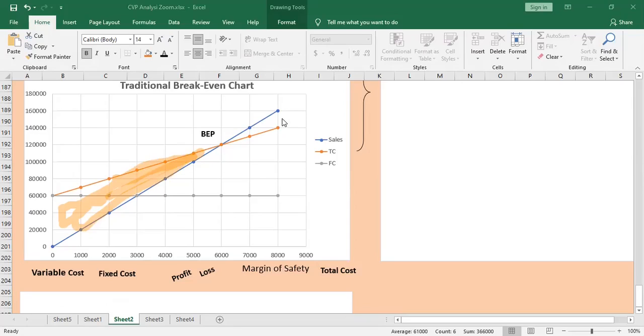And in this area beyond the break-even point, you are making profit, right?